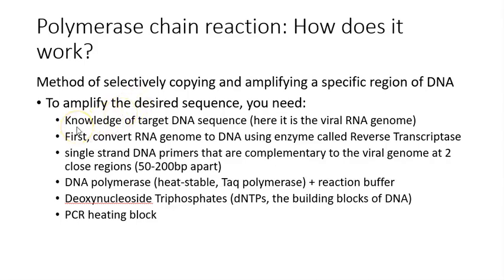Now, to amplify a desired sequence, you need to know the target DNA sequence that you want to amplify. And when I say amplify, what I mean is we're starting off with a very small amount of viral RNA on a swab, and we are duplicating a very small region of that genome. Remember, the SARS-CoV-2 genome is about 30,000 nucleotides in length.